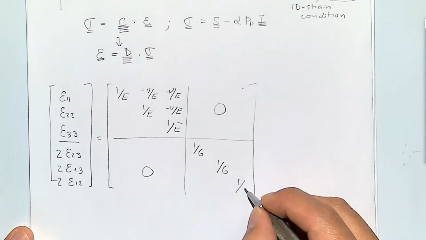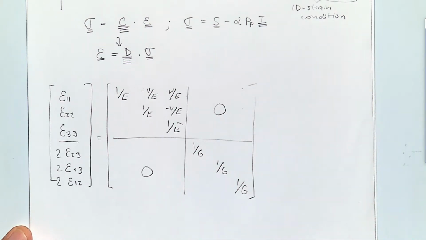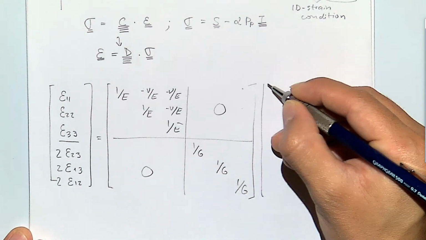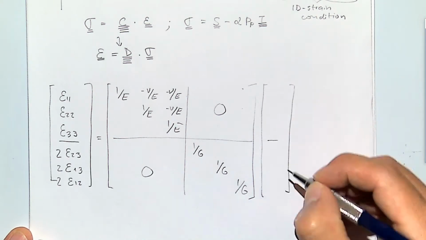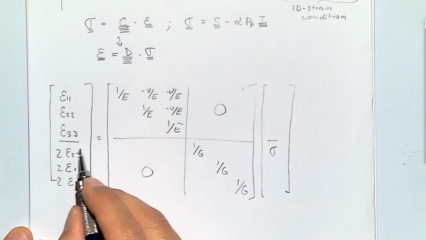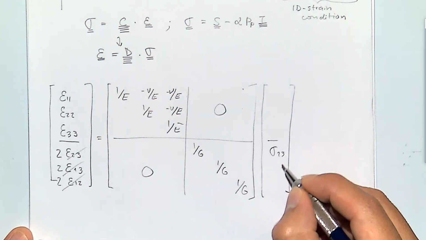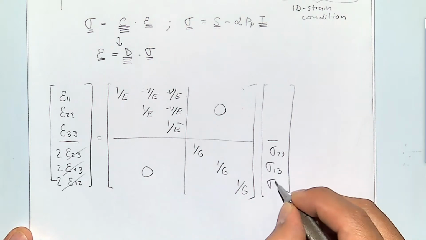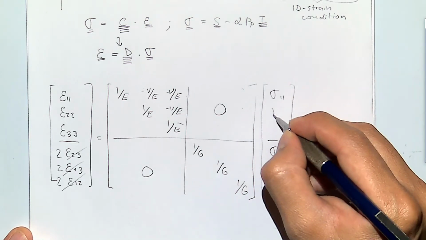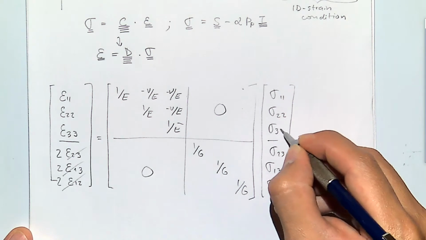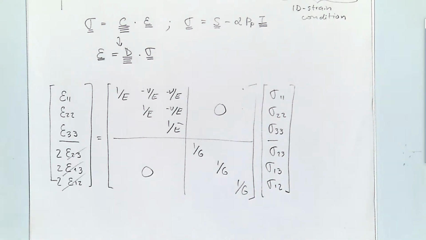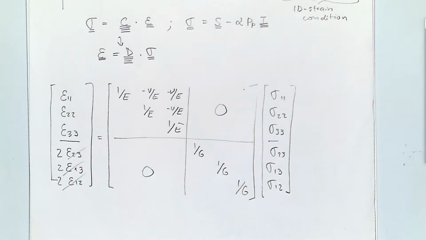There's one more thing we're going to assume, and it's that the shear strains are equal to 0. So all of these are going to be equal to 0. But let's just complete the equation. And what we want to do now is to use this equation, but we're going to update it. If you didn't write the stresses, don't write them, because I'm going to change them right now.